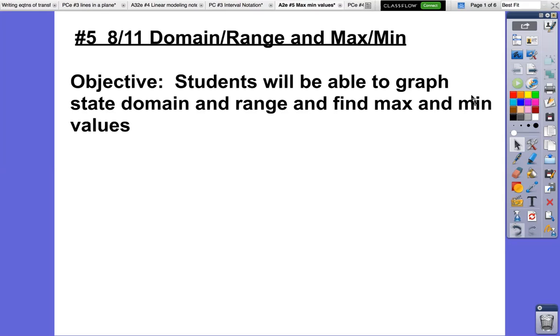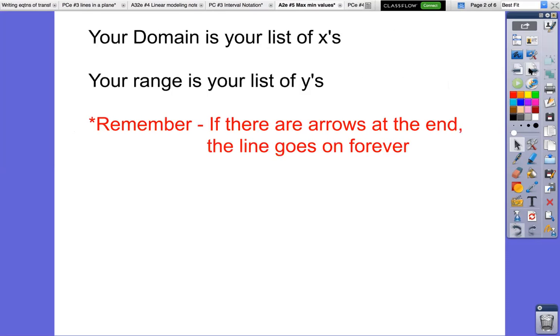And your range is the list of what your y's are. That's it. So I'll probably say that about 5 times today. And I really want to focus on just learning what's going on here. Don't worry about an assignment. Don't worry about anything else. But your domain is just your list of x's. And your range is your list of y's.